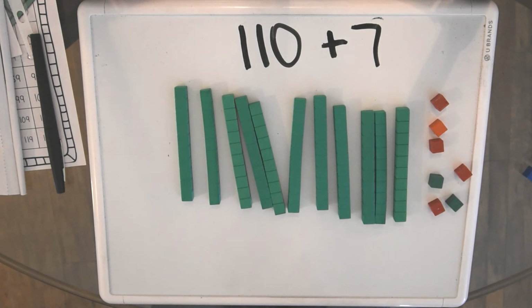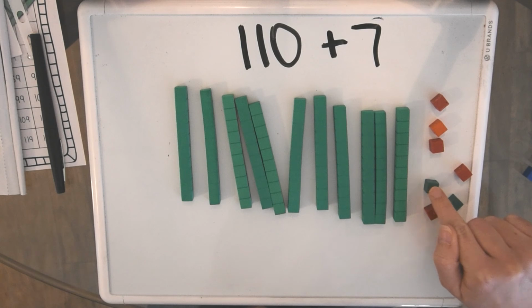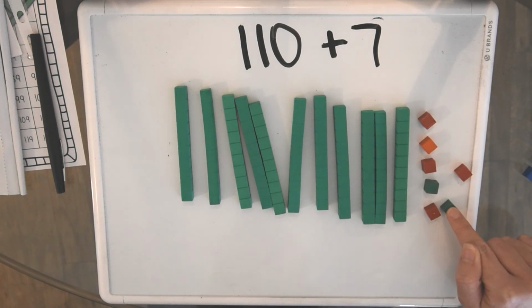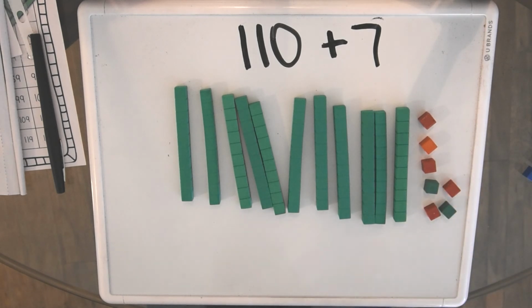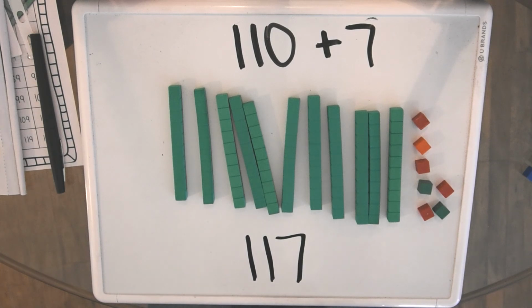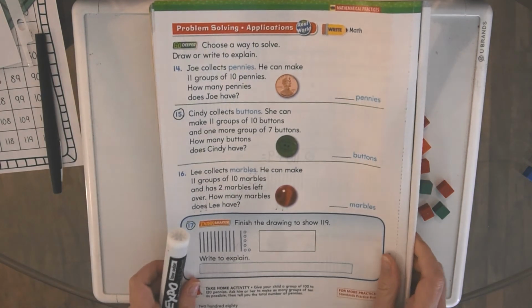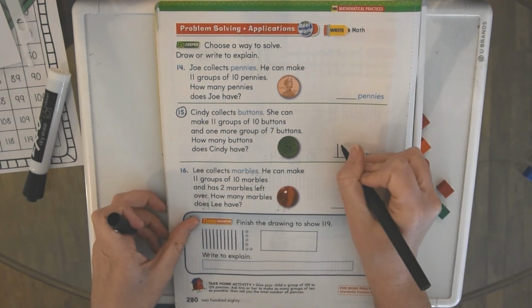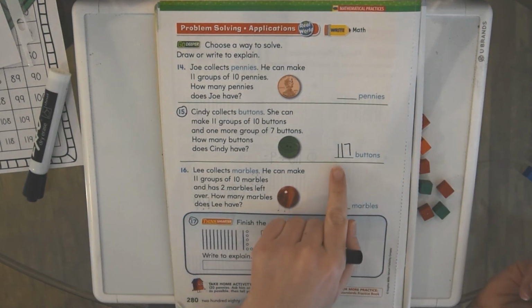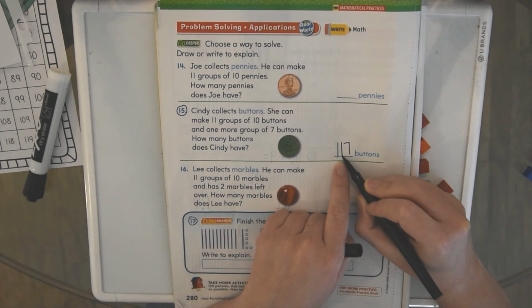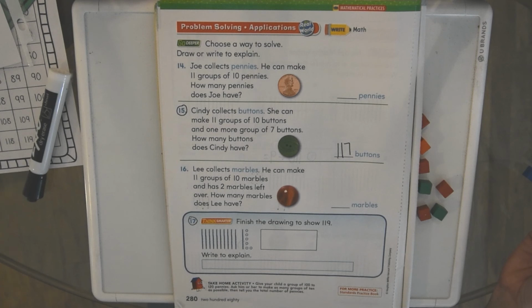So now how much does she have altogether? 110, 111, 112, 113, 114, 115, 116, 117. So our number is 117. So you will write that there for number 15. And again, how to write 117? We write 1 for the 100, 1 for the 10, and 7 ones.